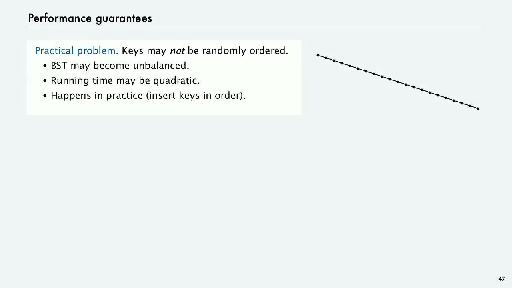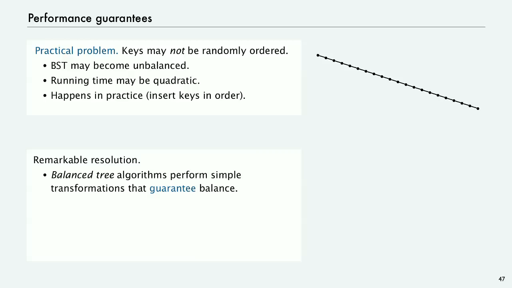So in an industrial strength implementation, BSTs are not going to work. But remarkably, we have algorithms that are not that much more complicated than binary search trees, called balanced trees, that perform simple transformations that guarantee the balance.